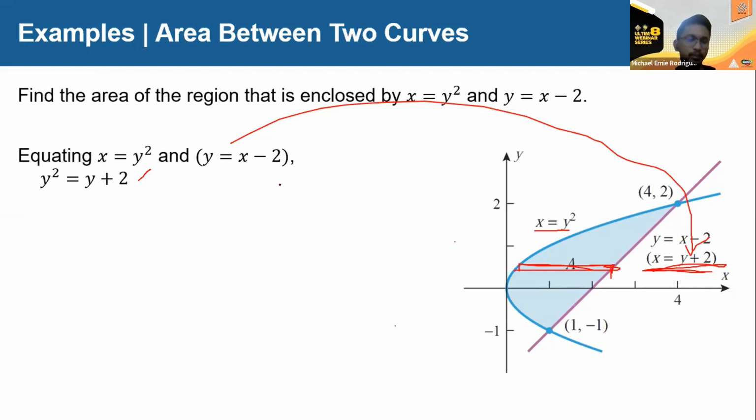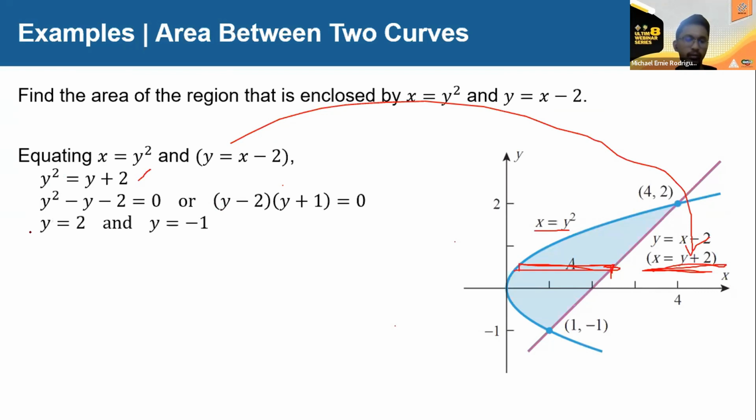Okay? So, we have y squared, transpose minus y, minus 2 is equal to 0. So, we have y minus 2 times y plus 1 is equal to 0. So, we have the points sa y na intersection ay y is equal to 2 and y is equal to negative 1. Ito po yan, no? Negative 1 and 2.